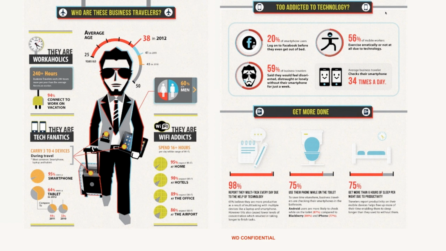We actually see that 75% get more than 6 hours of sleep per night due to increased productivity of mobile devices. And for productivity, I mean, sometimes that's different things. It can be as simple as email, but when it comes to managing files and taking presentations or other types of content, that all has to be stored somewhere, and remote access gives you the ability to enjoy all that from your smart device.